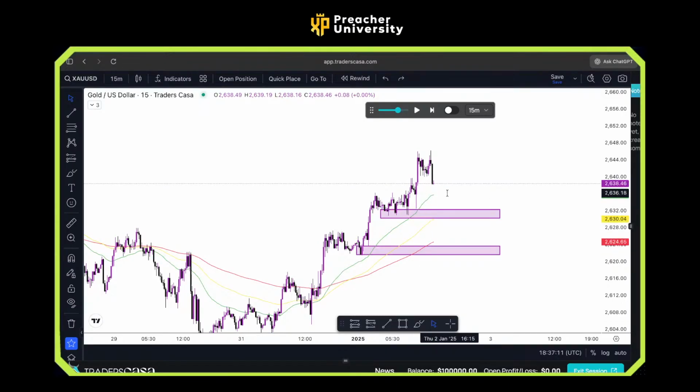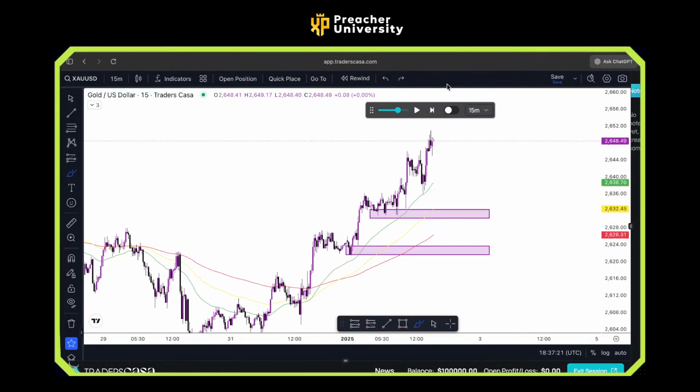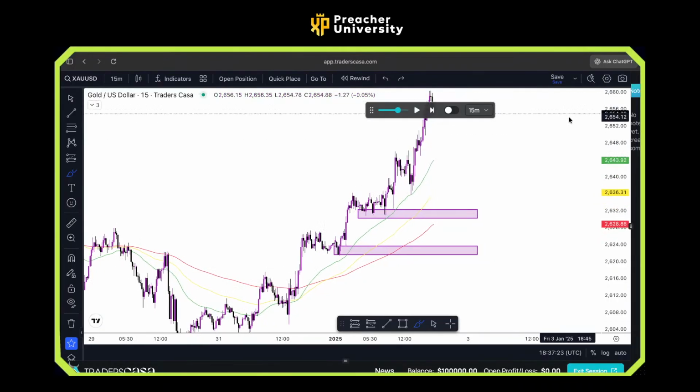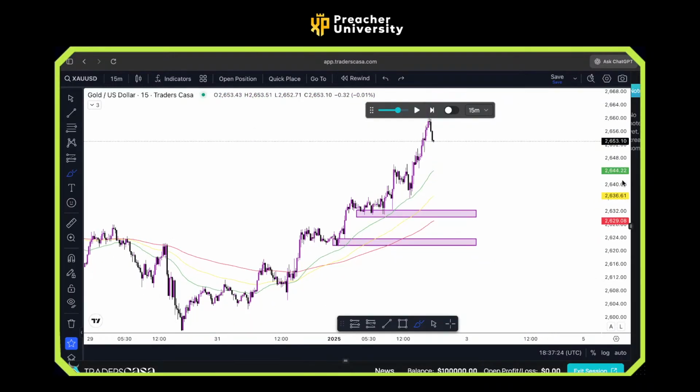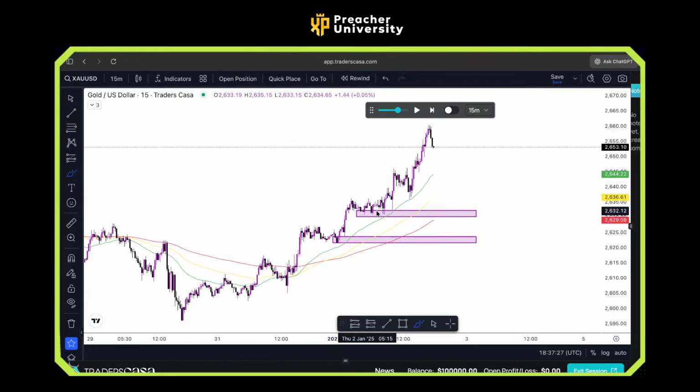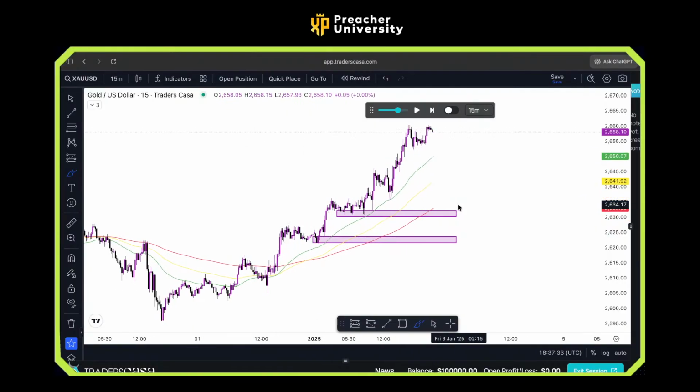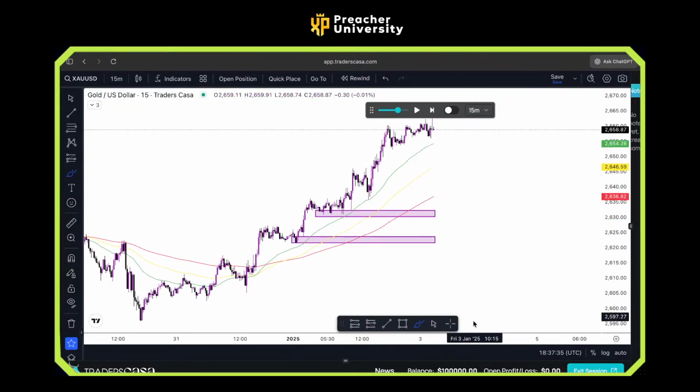You want the market to first retest these zones for you to be able to find your buying position. So let's see. Most of the times, I'm just waiting for the market to either come into these zones or somewhere around the 100 EMA. So let's try to rush the market and see.